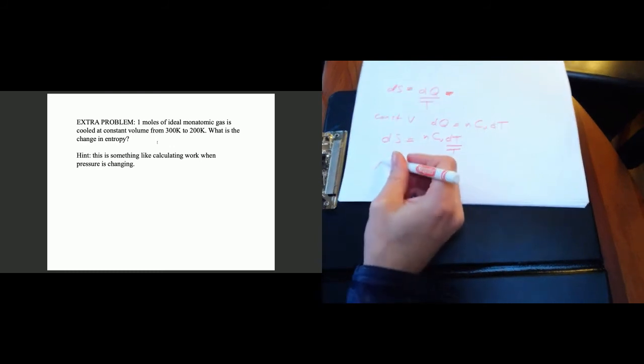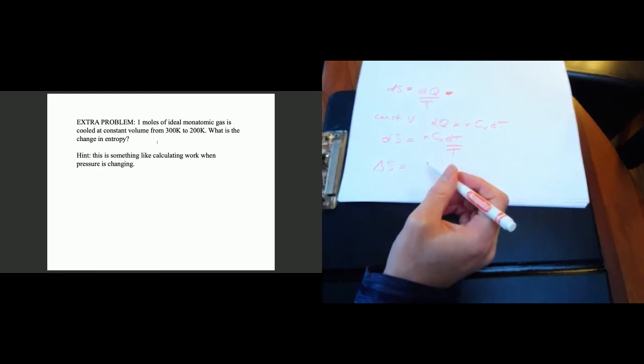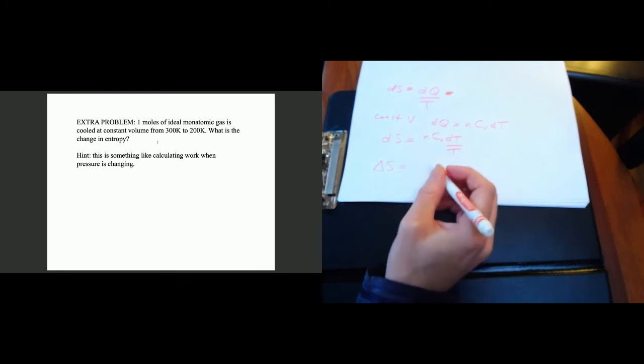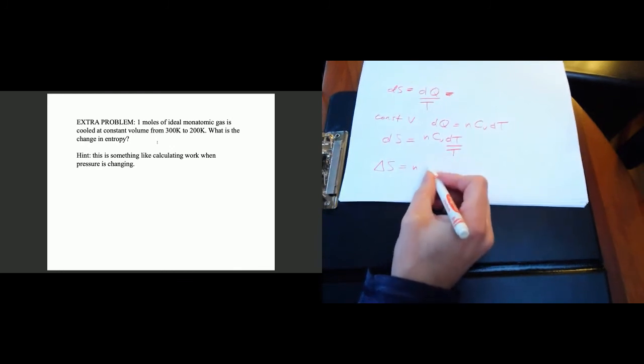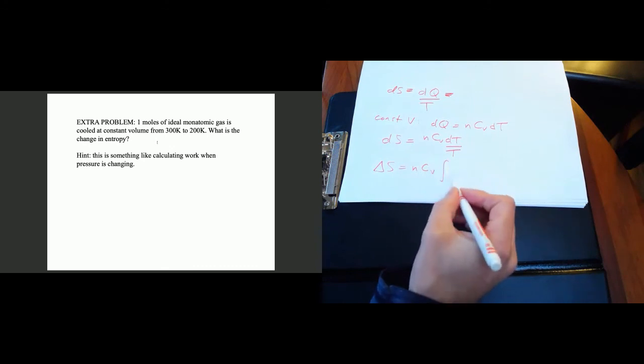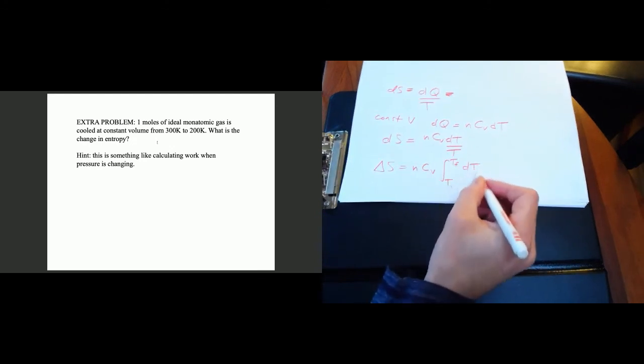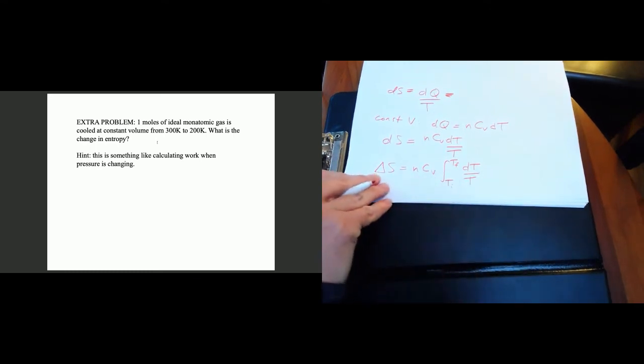Now to figure out the entire change in entropy from the original temperature of 300 to the final temperature of 200, what we want to do is just add up all of those changes in entropy. And that means we integrate from the initial temperature to the final temperature this quantity dT divided by T. So we're adding up this quantity dT over T for all of the different steps.